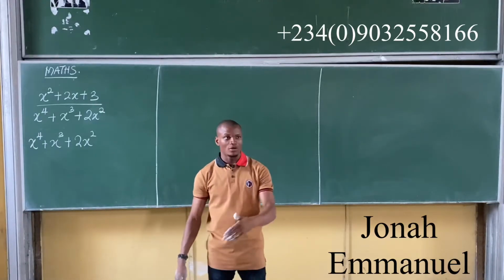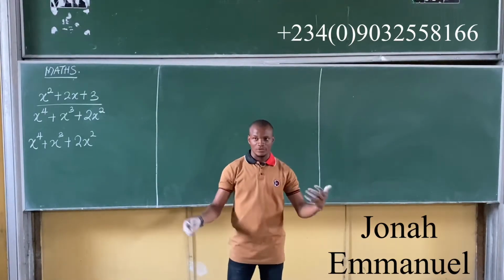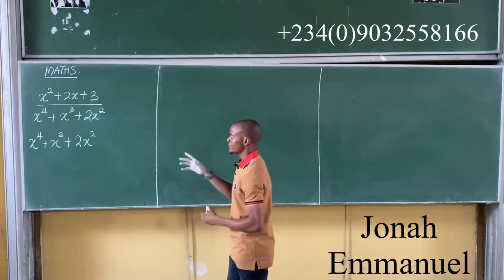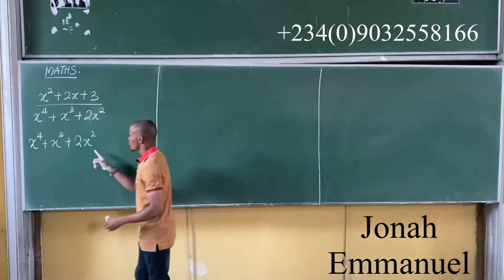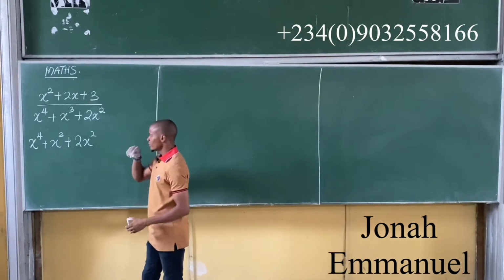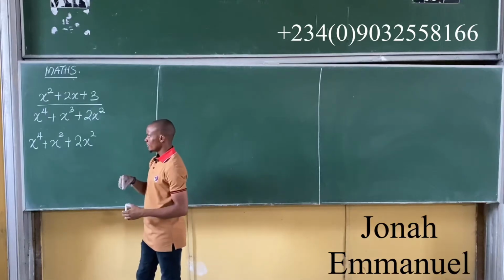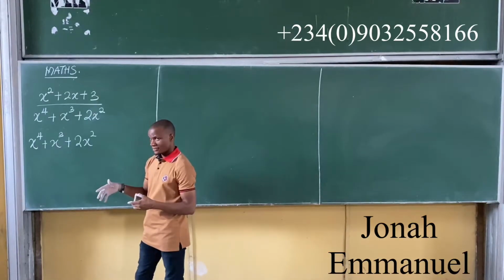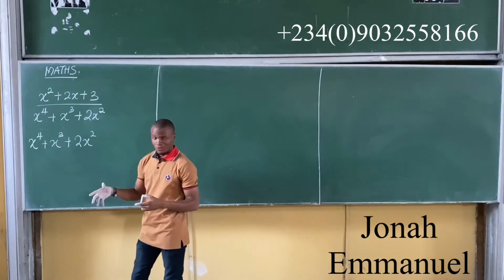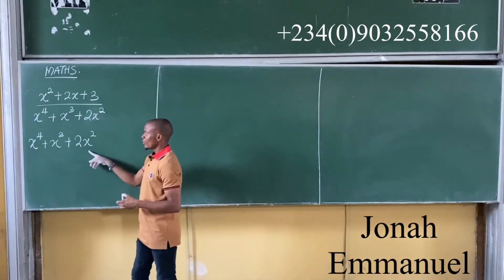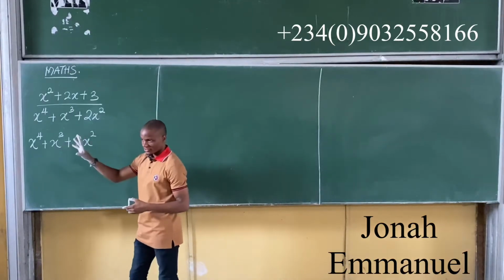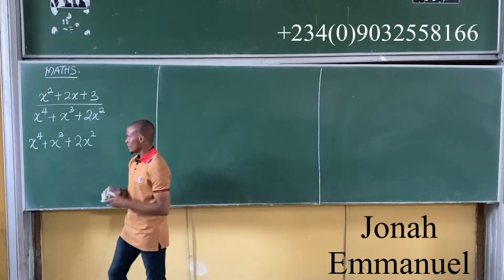Put x as 1, x as minus 1, and each one gives you 0. But then once again, if you look at it very well, something is common within all three. What's common here? X. What's common here? All of them have x squared. Yes.